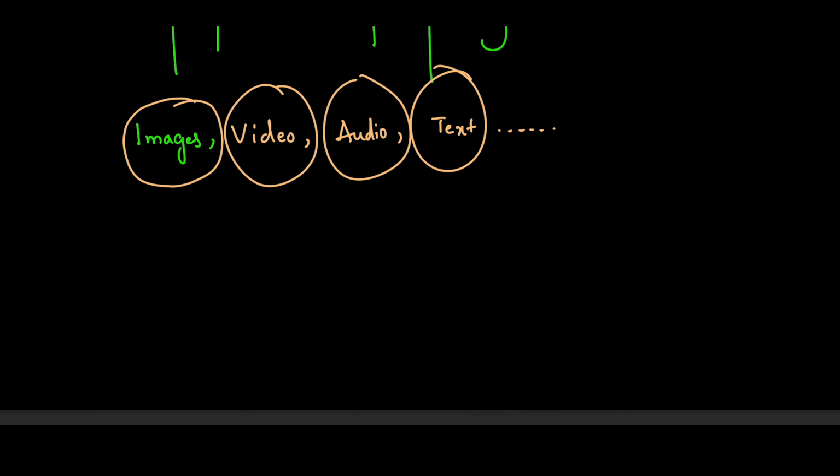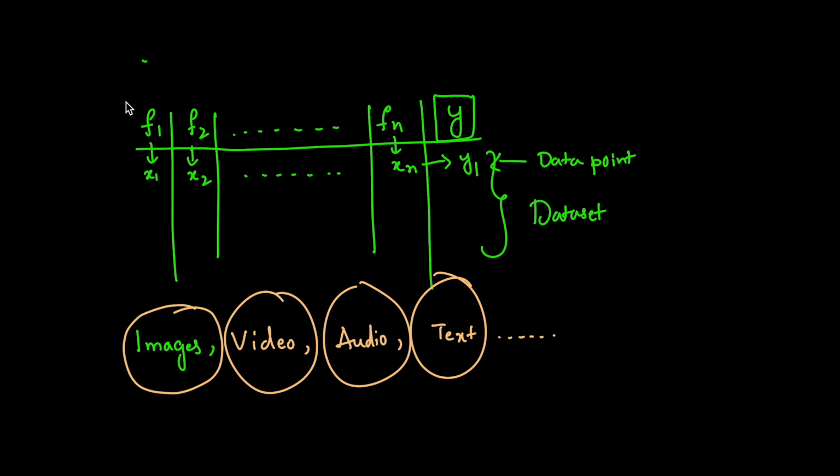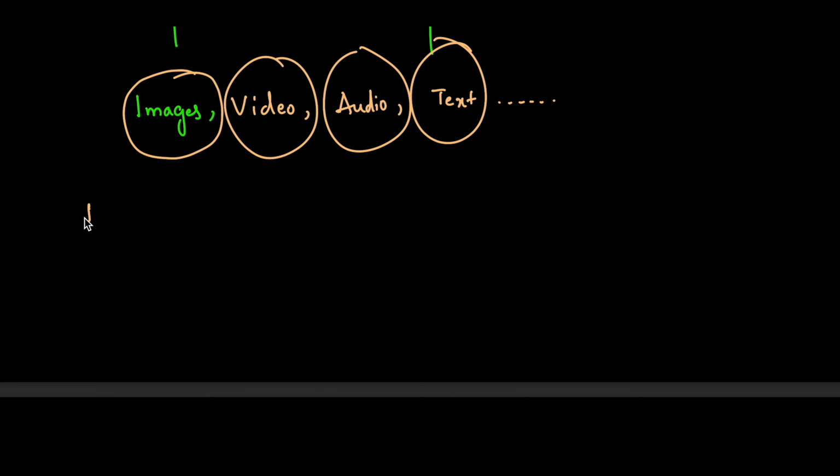Let's continue for now. As I said, if we are having tabular data, we are trying to feed these features to an ANN, that is our artificial neural network, right? How will we be doing that? We'll be sending feature 1, feature 2, feature 3, and so on, feature n in the input layer, followed by some hidden layers.